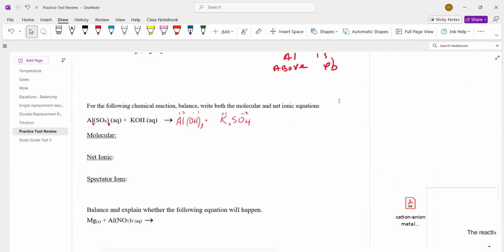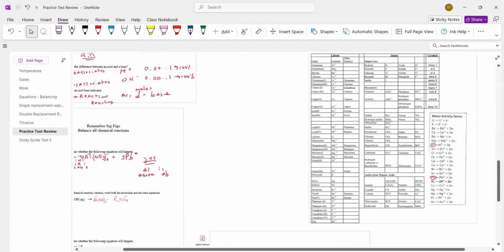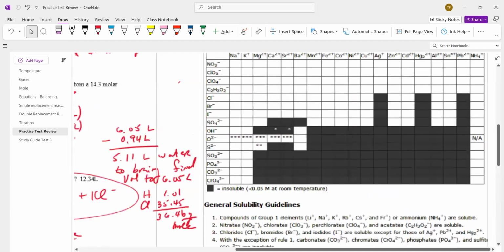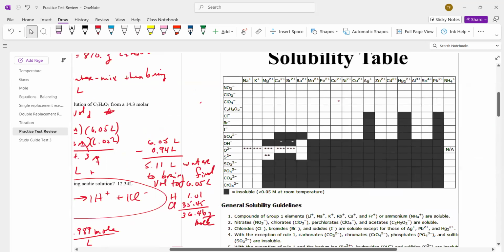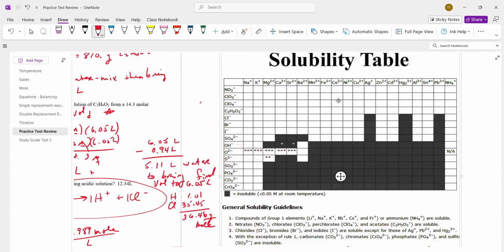Well, first of all, let's figure out whether we're going to have a solid or not. So aluminum hydroxide, is that a solid? Okay, so here's hydroxide. And aluminum is here. So it's black, so it's definitely a solid.